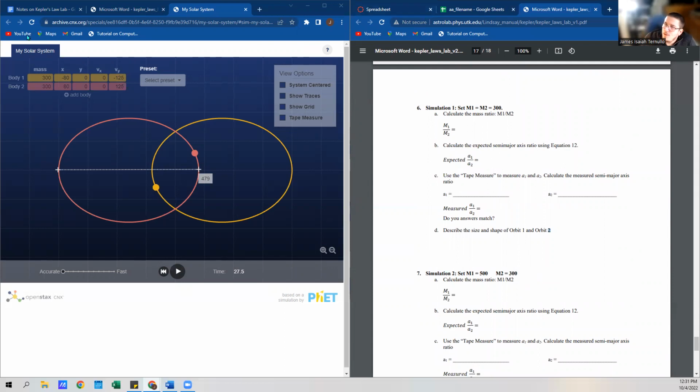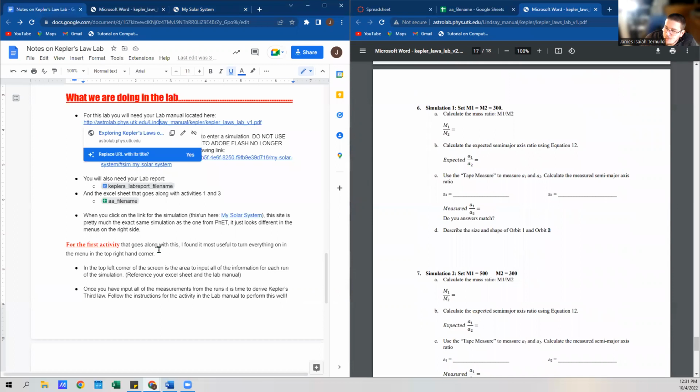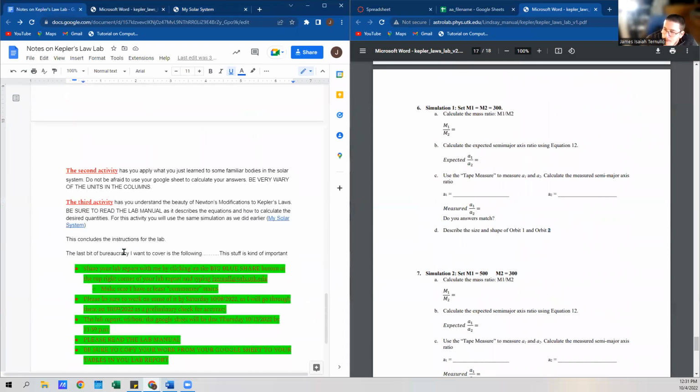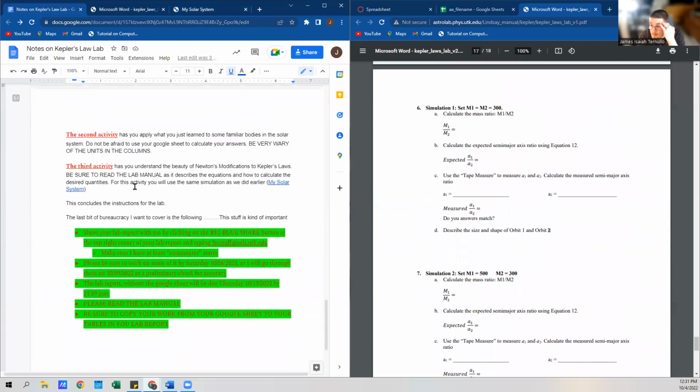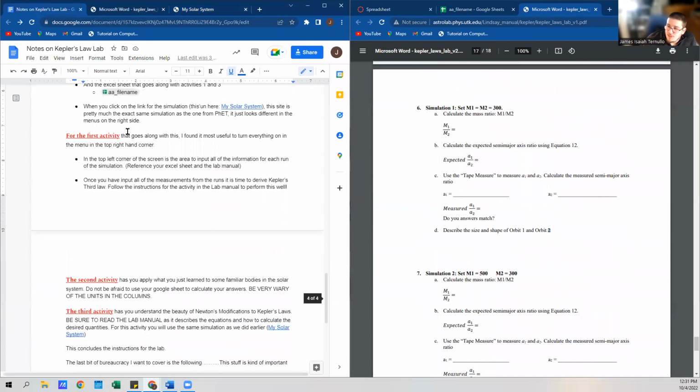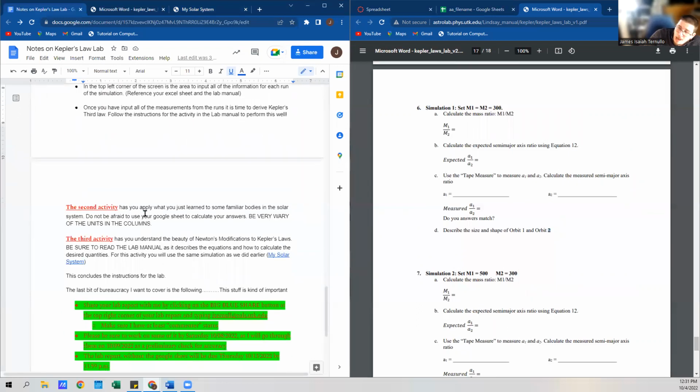So before I finish this video, I just want to make sure I want to cover these last few things. For the first activity that goes along with this, I found it most useful to turn everything on in the menu in the top right-hand corner. You can read through the rest of these bullet points.